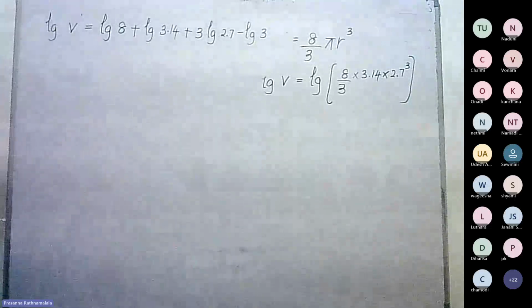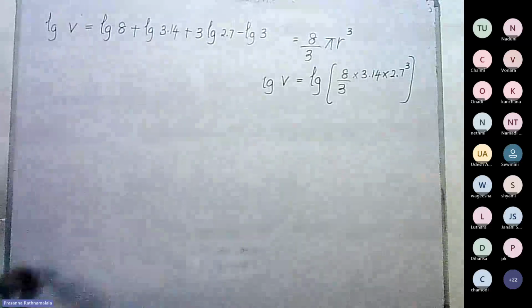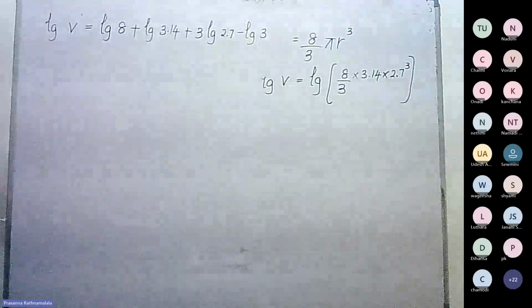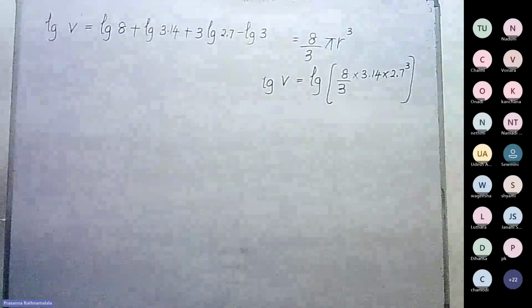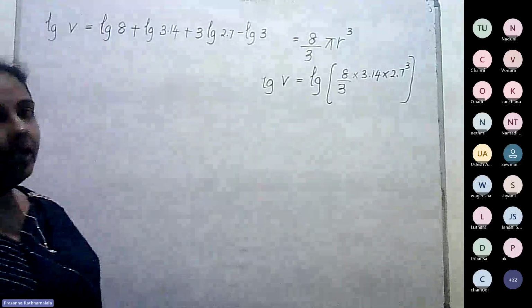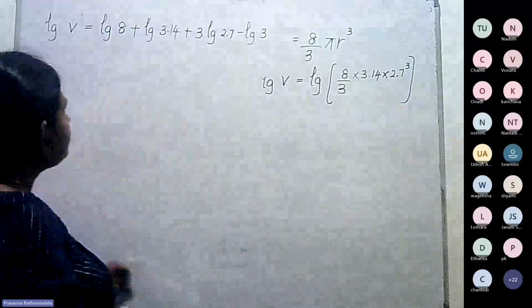You know that all the terms in the numerator, you can join them using the addition, and in the denominator by subtracting. Right. Then here is the expanded form. Now you find the logarithms of each of these terms, right?